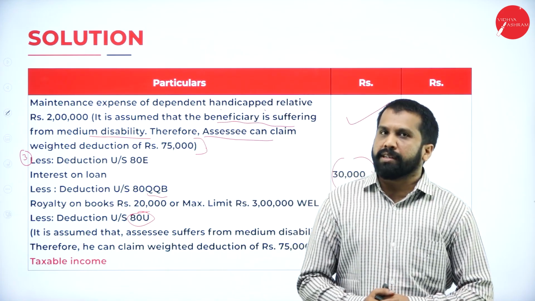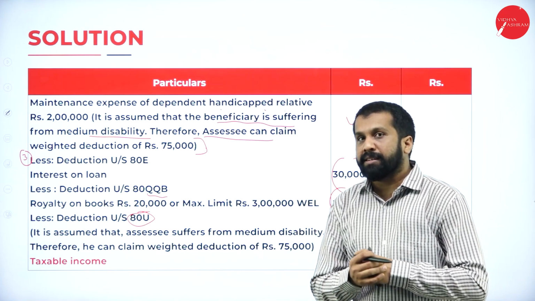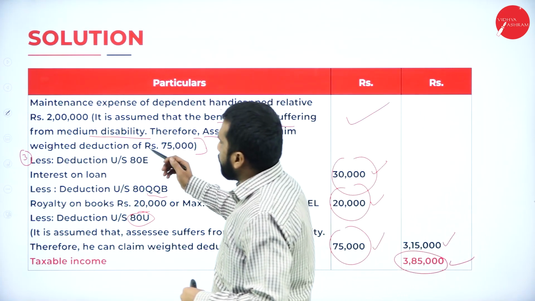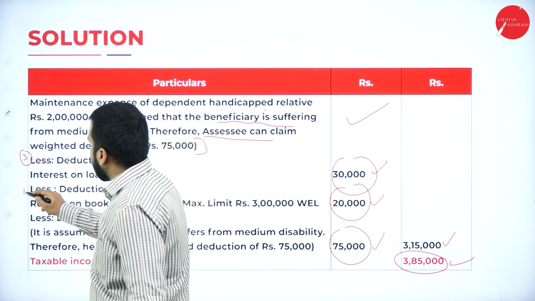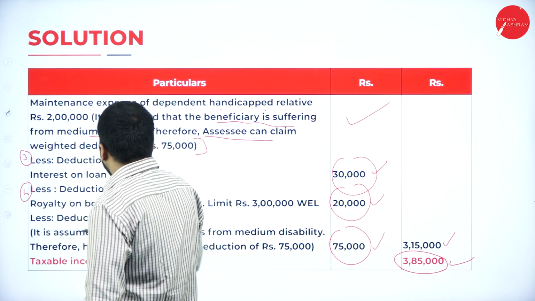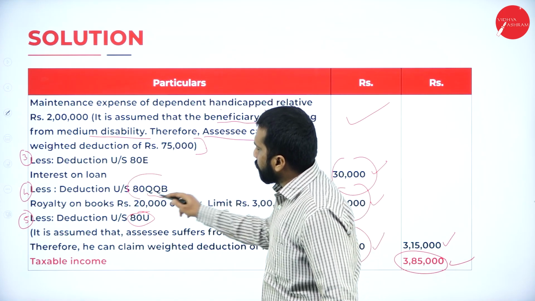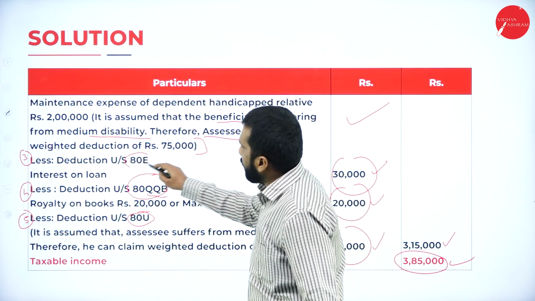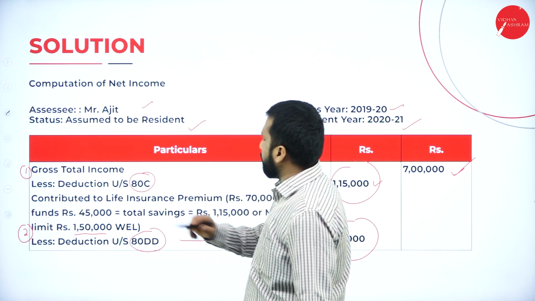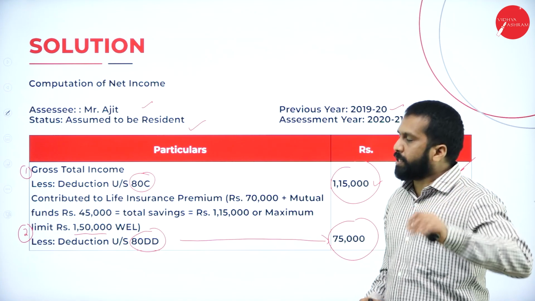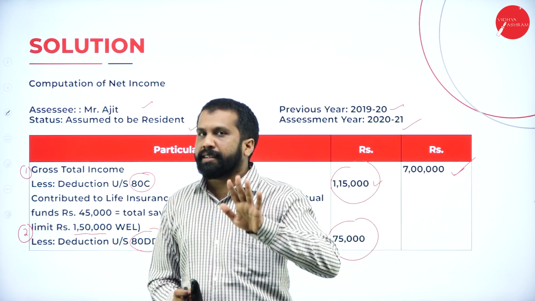From your gross total income, if you minus all these deduction, you will get your taxable amount. Now, so third one is 80E and your royalty. 80QQB is a fourth one and the last one 80U. Total 5 deductions we have deducted. 80QQB, 80U, 80E, then 80C, 80DD. Total 5 deductions. See, if you work out this problem, you will be familiar with 5 deductions.